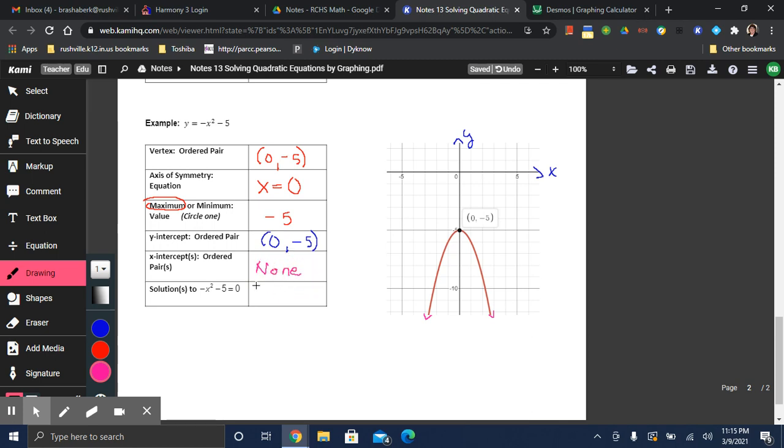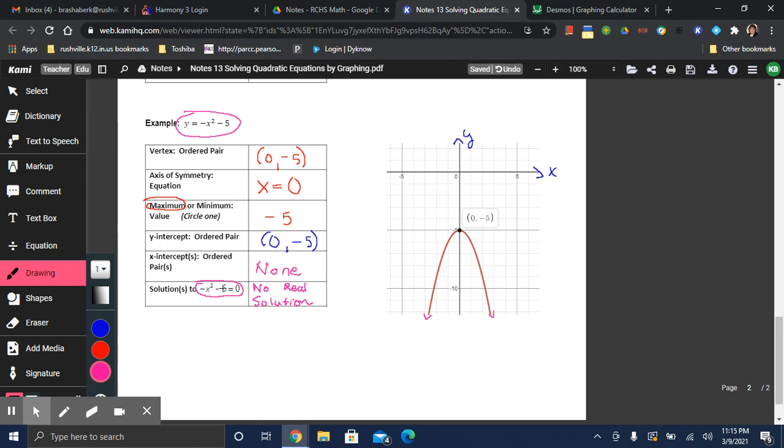And then remember that we want to say that the equation would then have no real solution. So this negative x squared minus 5 equaling 0 is the same. So these are the same equation, but when we talk about solutions, we have to have it equal to 0.